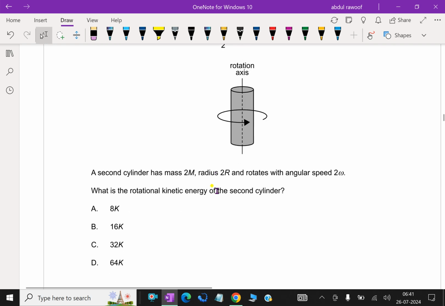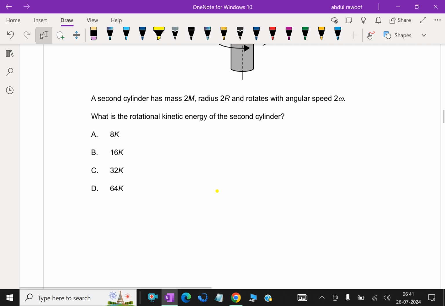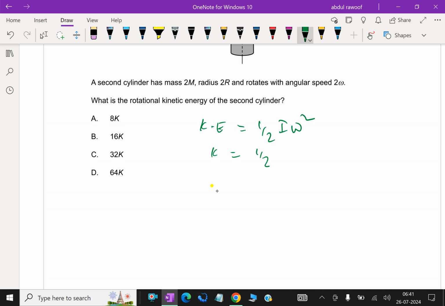Here, the first cylinder's rotational kinetic energy is half I omega square. Therefore K equals half I omega square, with I being half mr square, so K equals 1 by 4 mr square omega square.